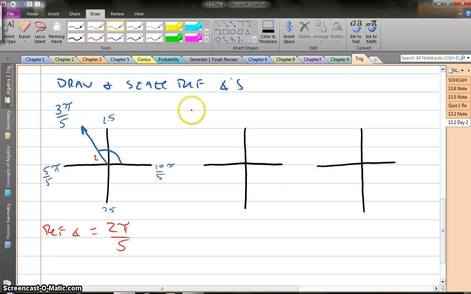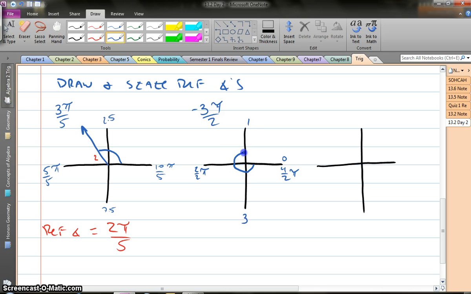All right, let's try a negative one. Let's try negative 3 pi over 2. Again, I have 2 over 2 pi. This would be 4 over 2 pi, 0. So from 0 to 2 is 1, and from 2 to 4 is 3. All right, but we're going backwards. So from here to here is negative 2.